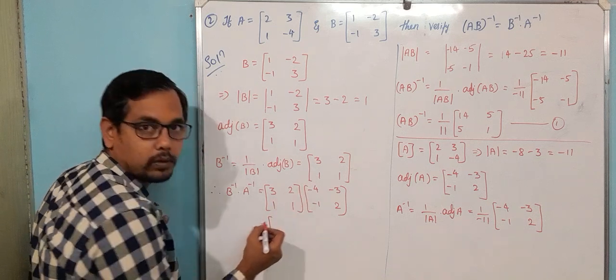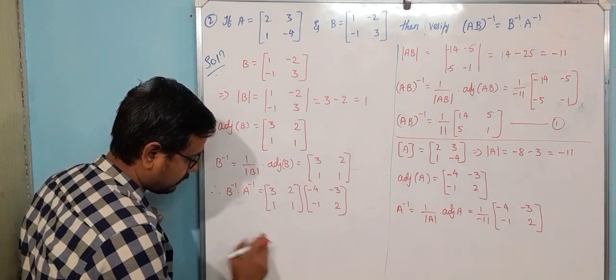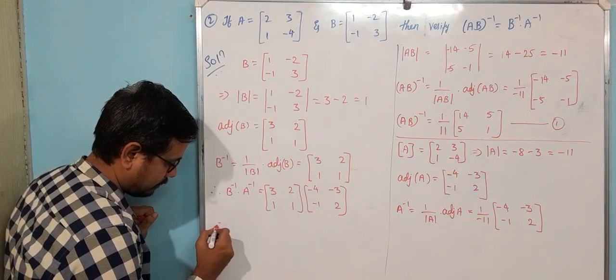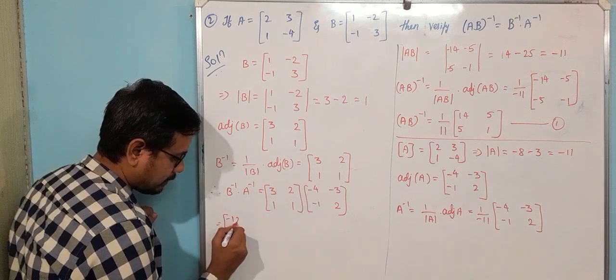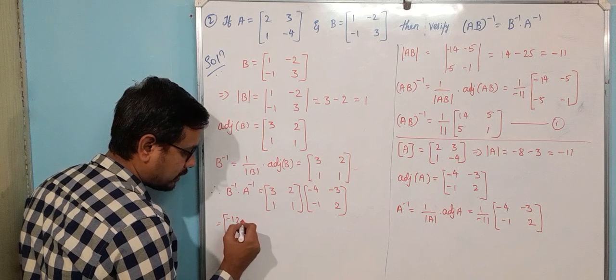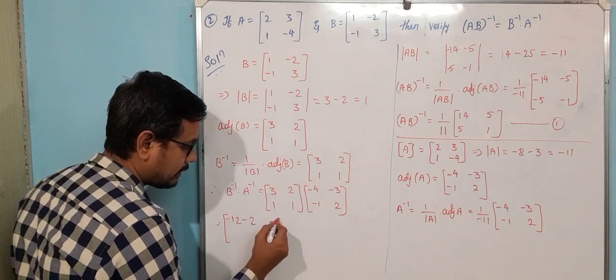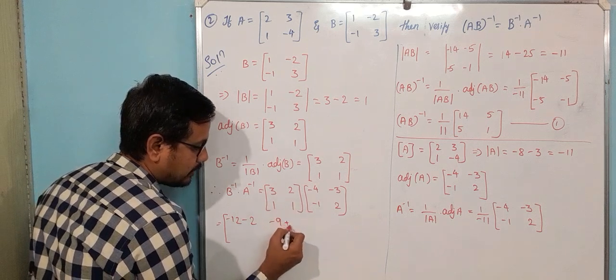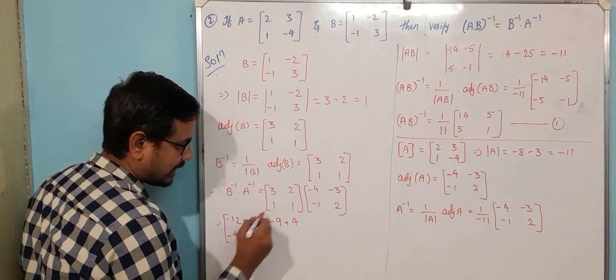3 into minus 4. So how much am I getting? 3 into minus 4 is minus 12. 2 into minus 1, minus 2. 3 into minus 3, minus 9. 2 into 2, 4. 1 into minus 4, minus 4.